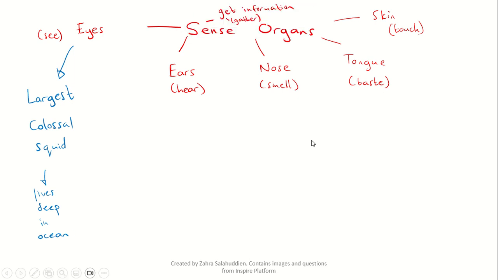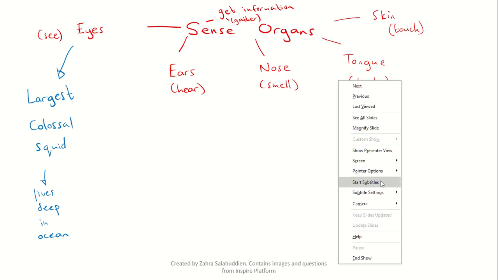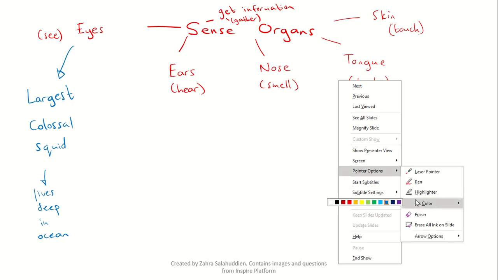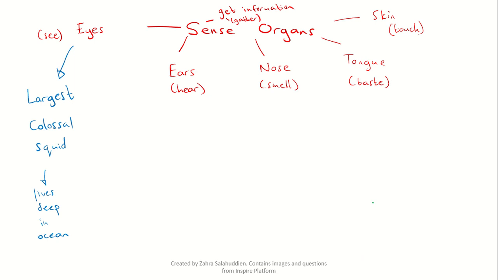Okay, I'll try and choose a different color for ears so we can see it a little more clearly. The animal that has the biggest ears is the African elephant.